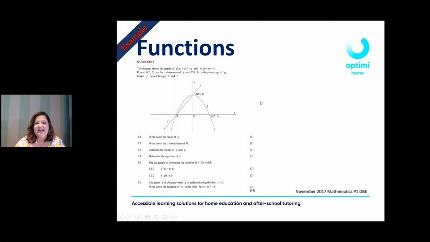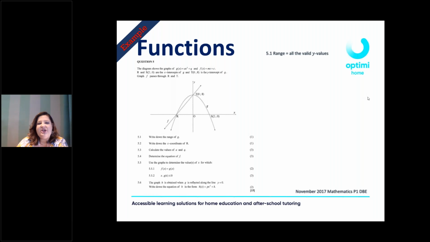So the range is another word for all of my valid y values. You can also go back to our previous webinar where we talked about this definition. If I look at my graph g, it can be any value from 8 down into negative infinity. So it carries on and on and on in my negative values.